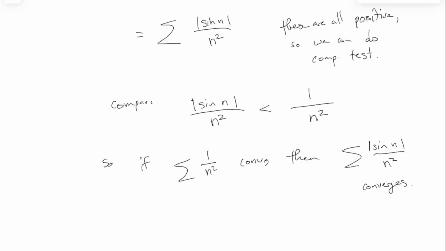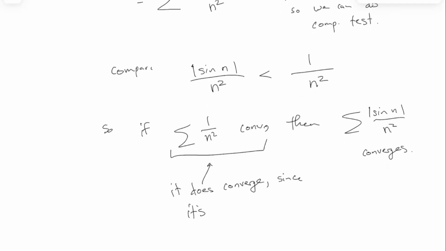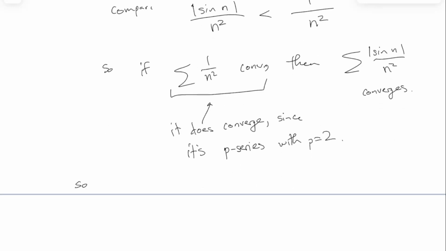And does this converge? This part? Yep. It does converge because this is a p series with p equals 2. It's a p series with p equals 2. All right? And so, therefore, by the comparison test, my sum of absolute value sine n over n squared converges.